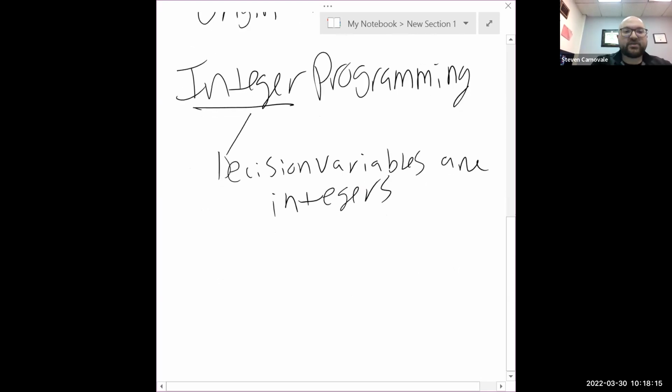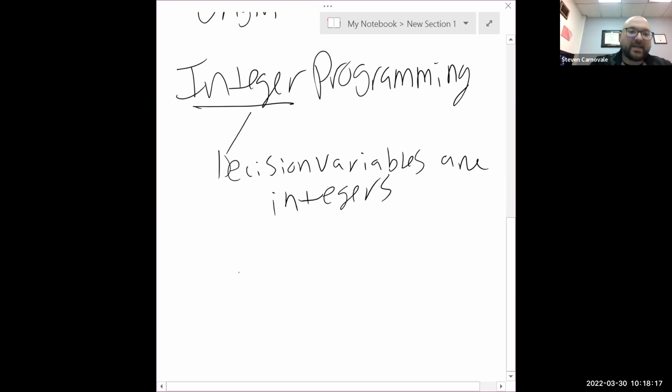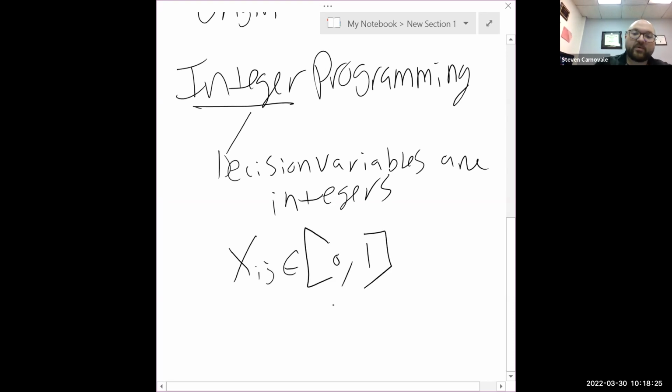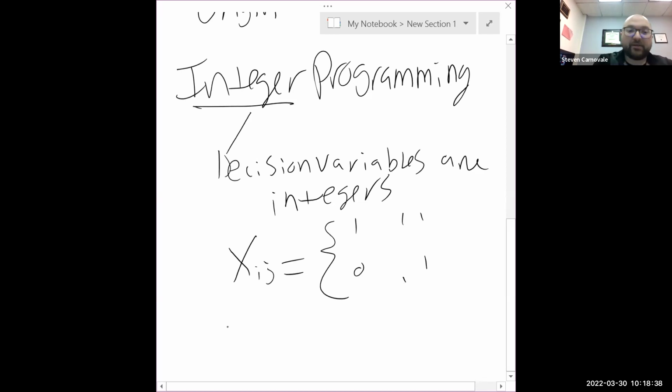So if I have a situation, for example, where I need to have my xij be 0 or 1, or rather, excuse me, a better way to frame that would be xij is equal to 1 or 0 under some conditions. That's what's called a binary integer program.